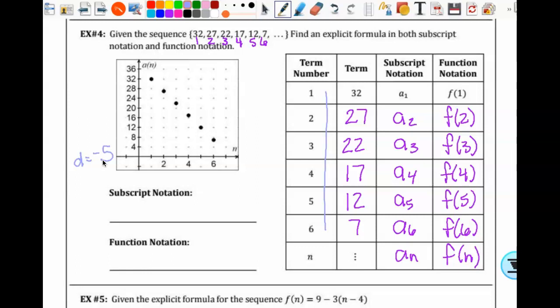So we're going to have subscript notation, which is a sub n, and we're going to have function notation, which is f of n. And then remember your generic is a sub n equals a sub k plus d times n minus k. And the more you write it, the more you'll just know it.